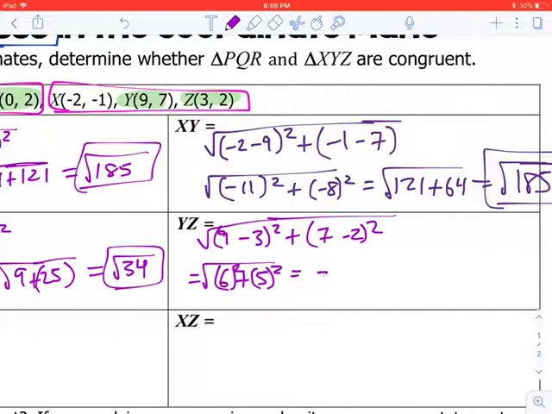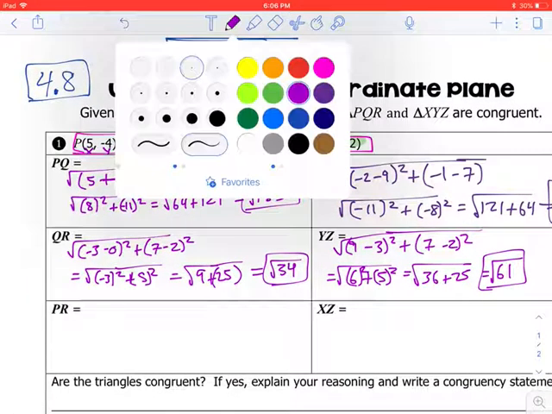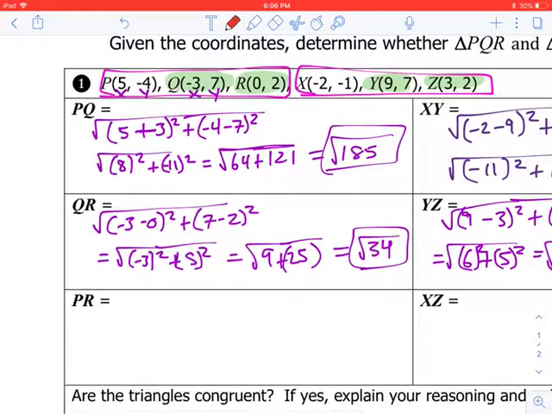And we get 36 plus 25. Well, 36 plus 25 gives us 61, I believe. And so those don't match up, but PR might be matched up with YZ. So we got to go ahead and find that last one.